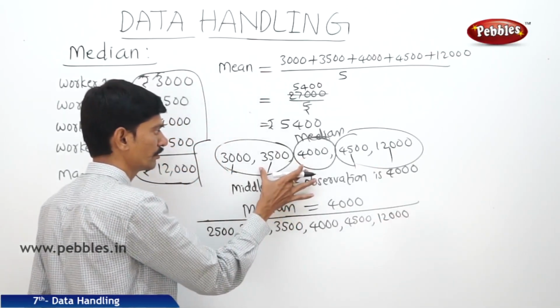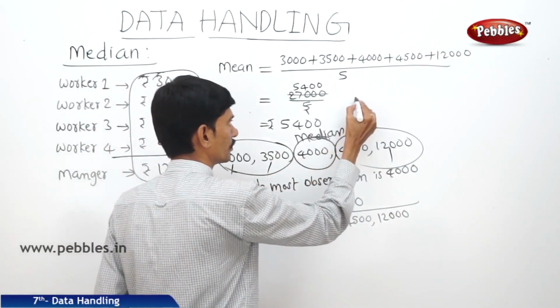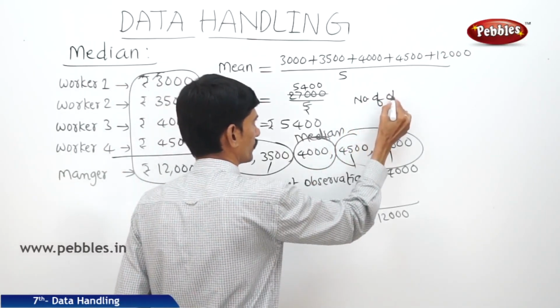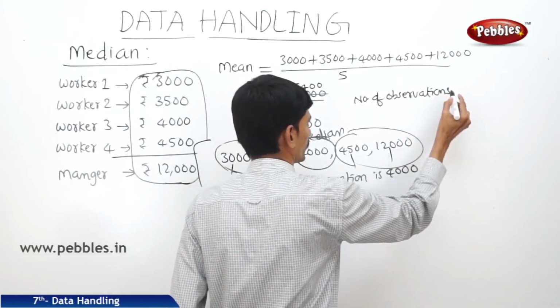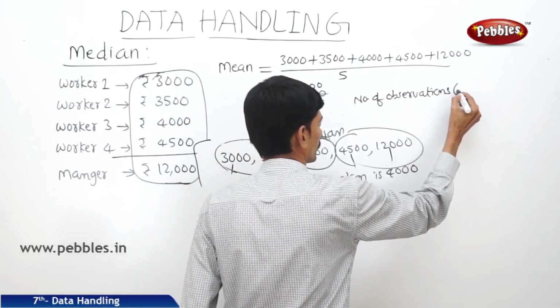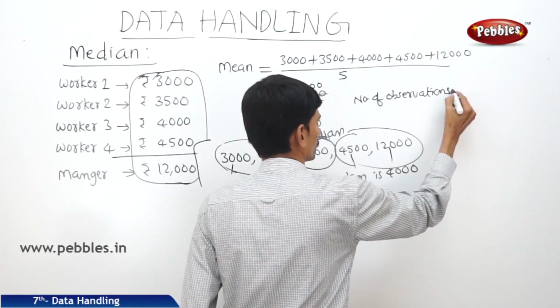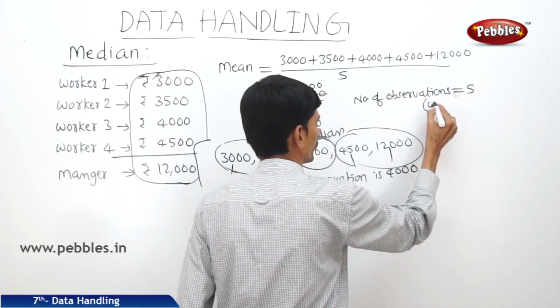Here the number of observations is 5, which is odd number.